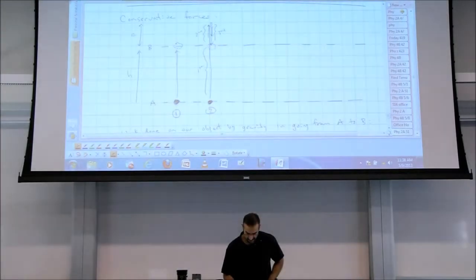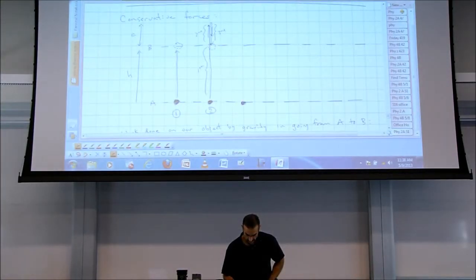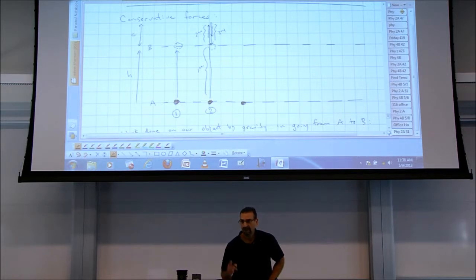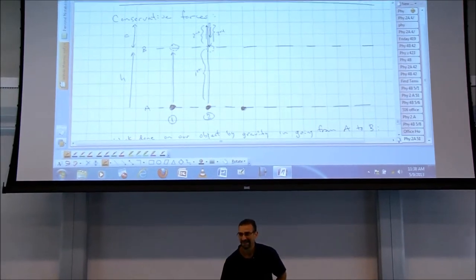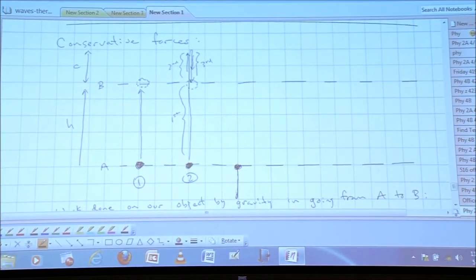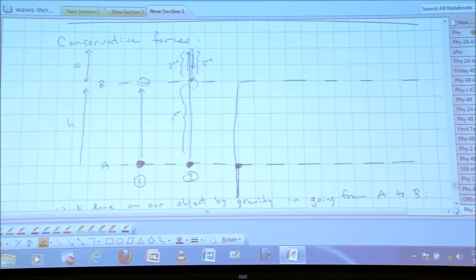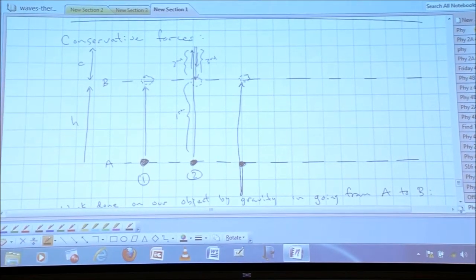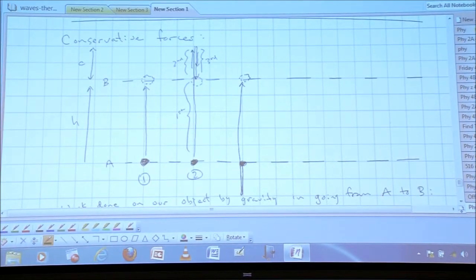What do you think would happen if I took this path? You could answer me already. It doesn't matter what path I draw there. I'll start with an easy one. Right, first down and then up. It's going to be the same as going up and then down, right?